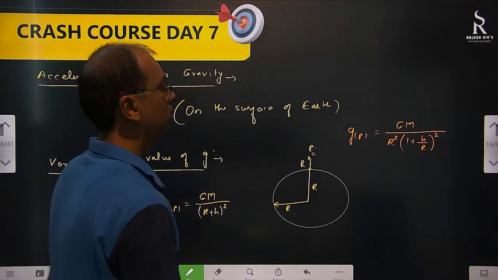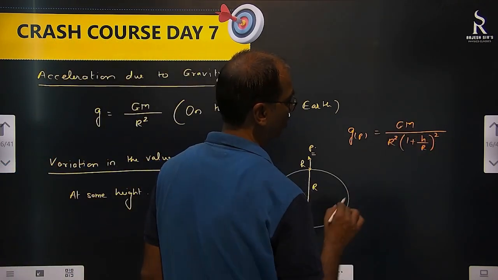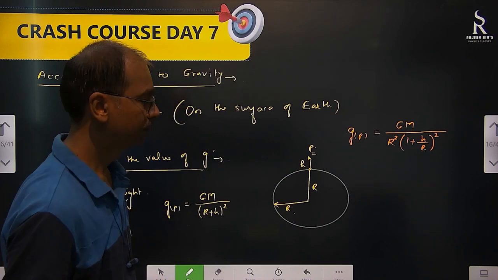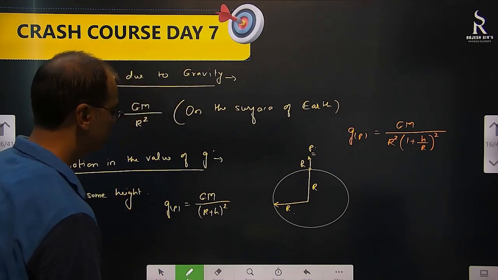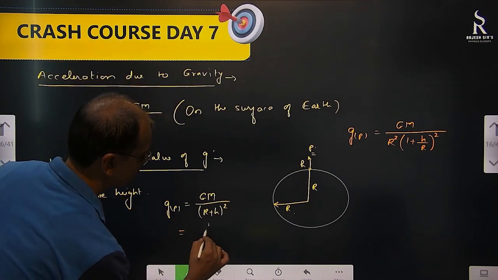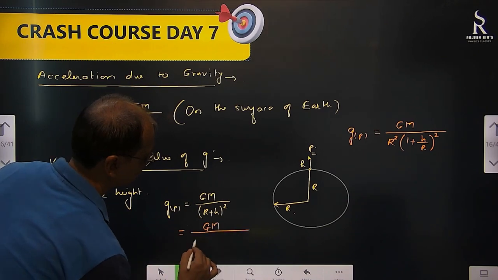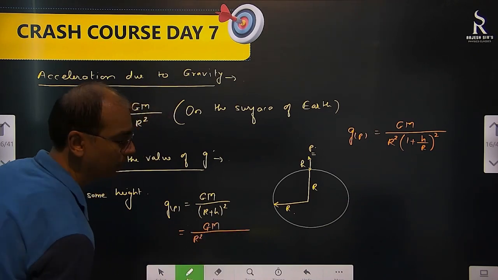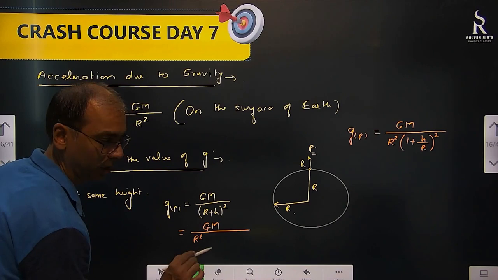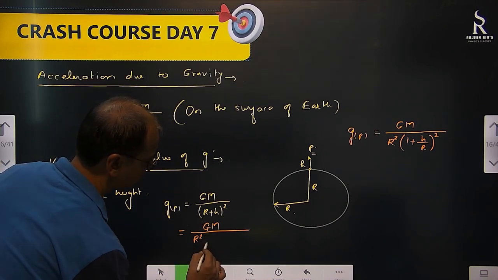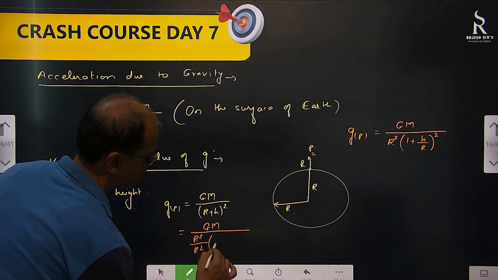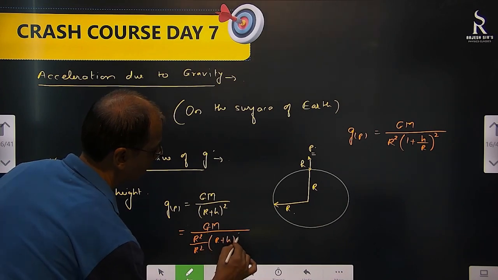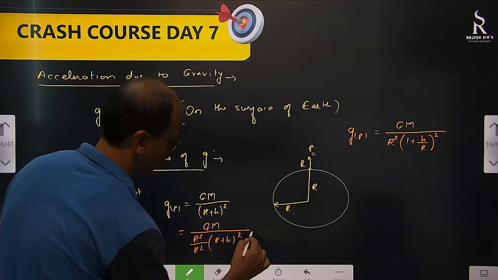I hope this is not a problem for you, how it came. If there is a problem, what should we do? GM multiplied by r square and divided by r square. No problem in that, right? So divide also with r square, so here is (r plus h) whole square. Now take this inside.